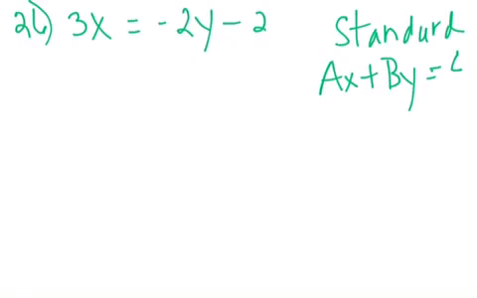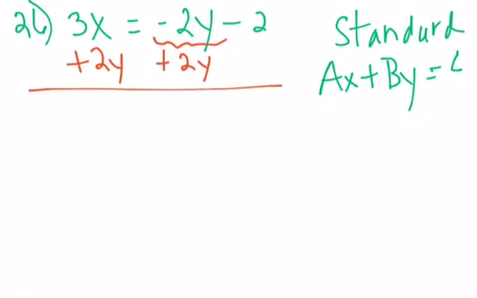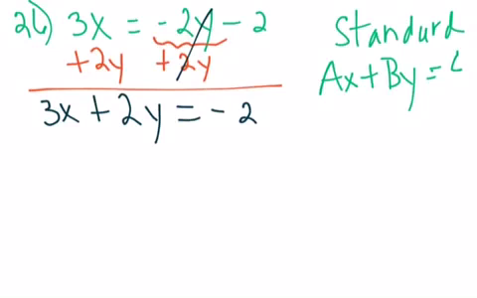Well, when you look at this equation, the y is on the wrong side. So then I need to add 2y to both sides. So following the pattern for the standard form, we would have 3x plus 2y equals negative 2.